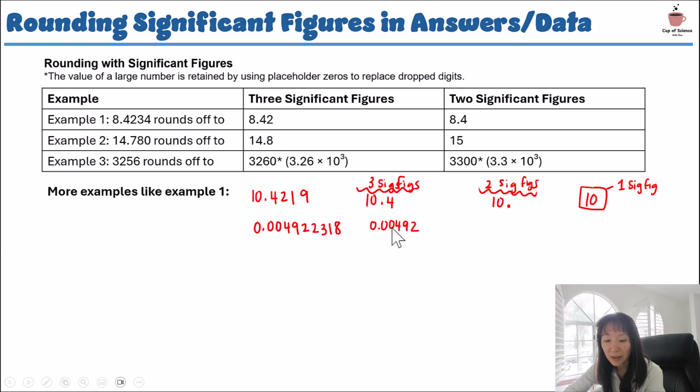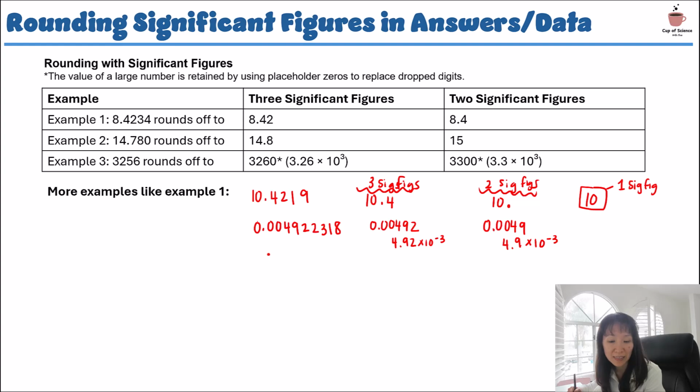How about if I want to put in 2 sig figs, we go all the way to the 2 numbers, and then we take out that 2. Now, if you'd like to put this in scientific notation, I'll also write that. This would be 4.92 times 10 to the negative 3, and this would be 4.9 times 10 to the negative 3. Either answer would work.